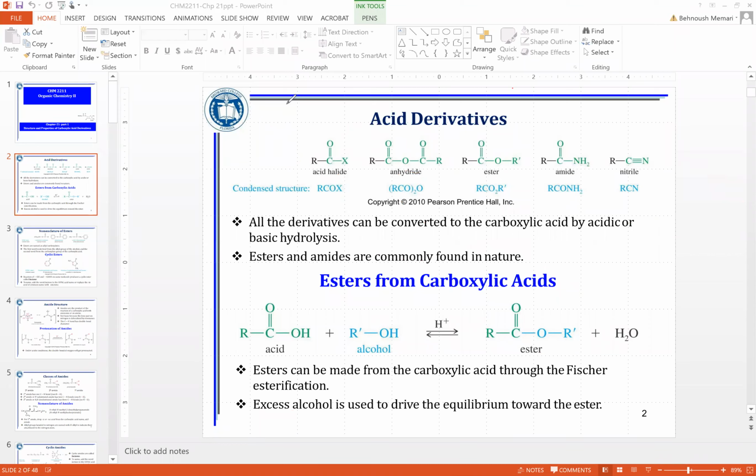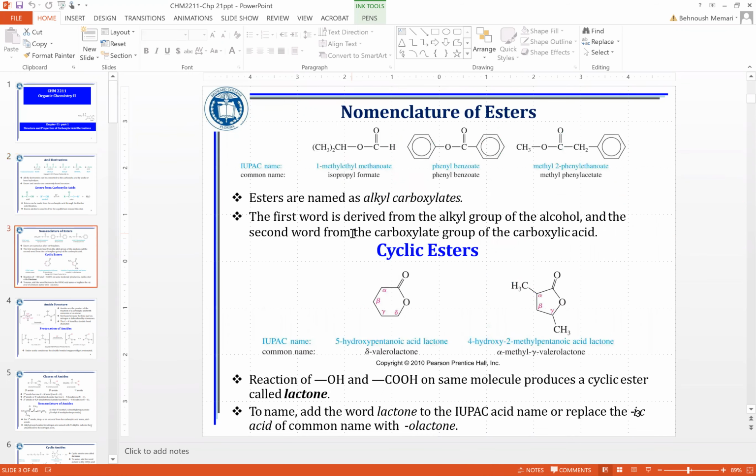Pay attention to the condensed formula for acid halide, acid anhydride, ester, amide, and nitrile. Sometimes in the reactions, you get the condensed formula rather than the structural formula.